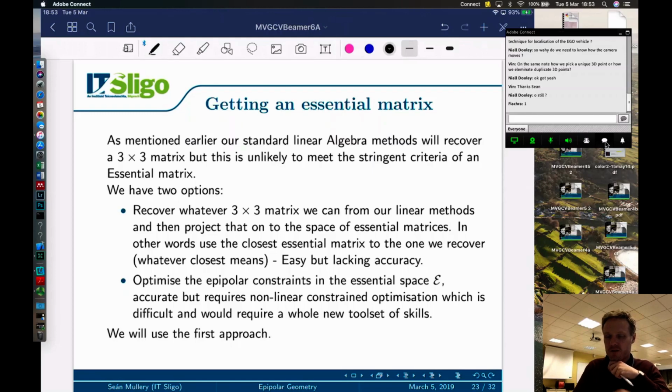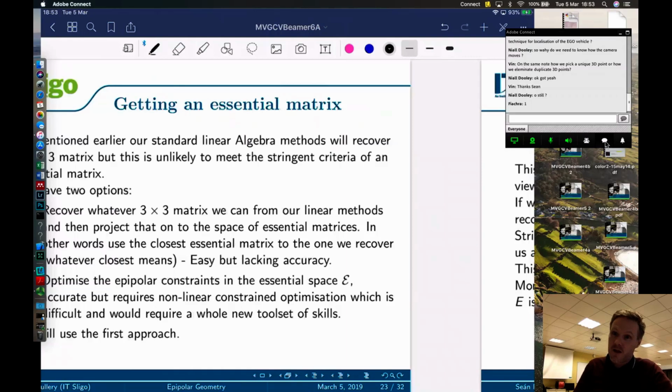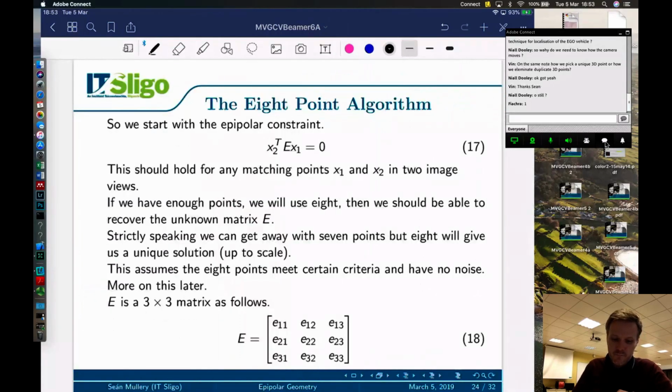That's much more difficult, so we're not going to look at that at the moment, but we may come back to some of those techniques later in the course. We're going to use the first one: we do linear algebra, find a 3×3 matrix, and then get it to the closest essential matrix that fits the criteria. To do this, we're going to use the 8-point algorithm.